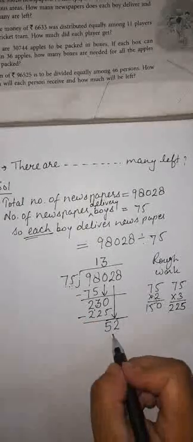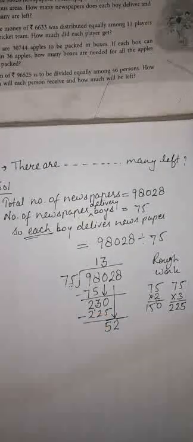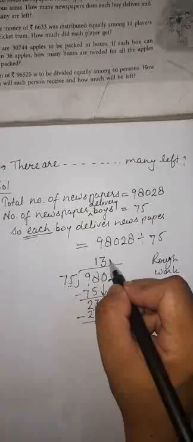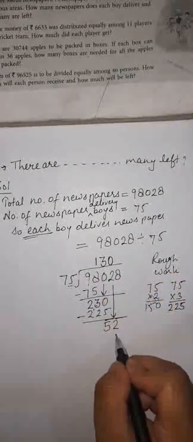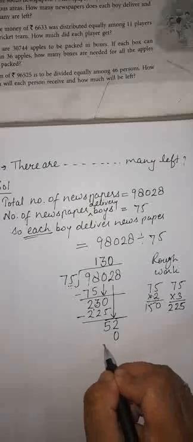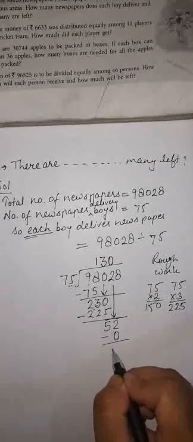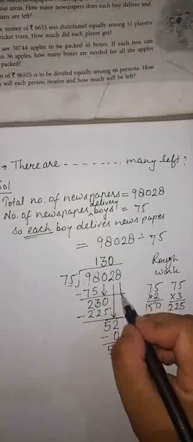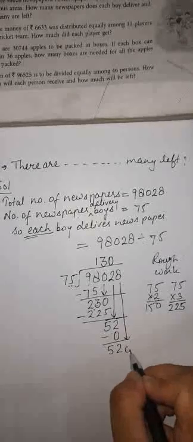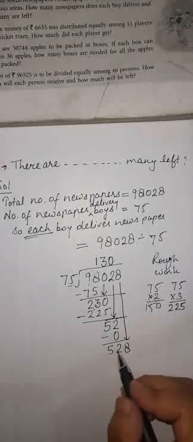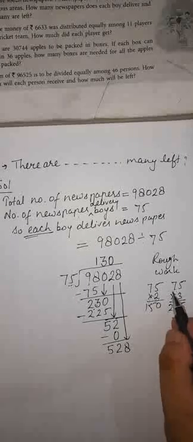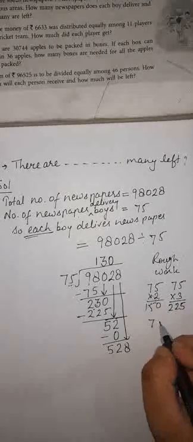When a number is brought down like this, we write here 75 zeros are 0. Subtract it. 52 minus 0, 52, the number itself. Then bring down 8. Now it will become 528.